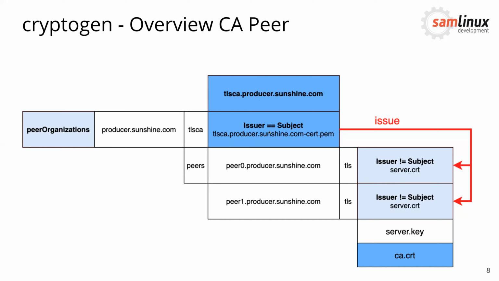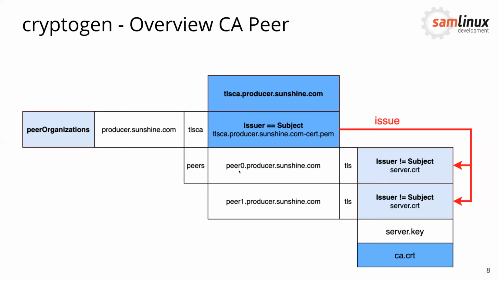But the process is the same. So this is our root certificate for this organization, and when we inspect this file, you will see that the issuer is the same as the subject. So the issuer is always the issuer, I don't know how I should explain this, and the subject is the name of the owner of this certificate.